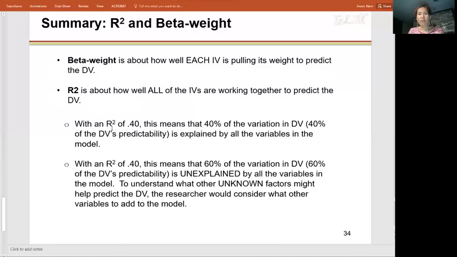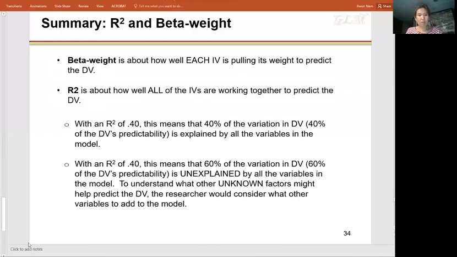So if you have 0.4 for R square, this means that 40% of the variation in the dependent variable is explained by the model. The model means all the X variables. Since the explained part is 40%, the unexplained part is 60%, right? Because the maximum is 100%.